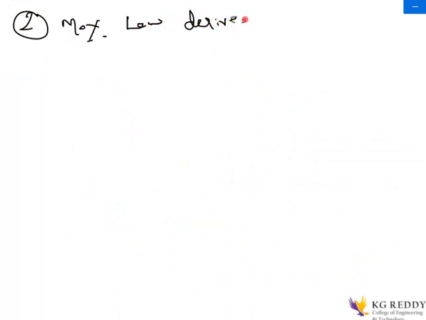Now I am taking the Maxwell's second law, which is derived from the Ampere's circuit law.